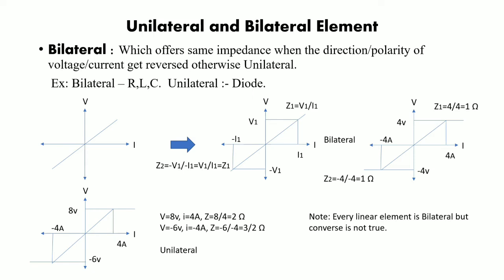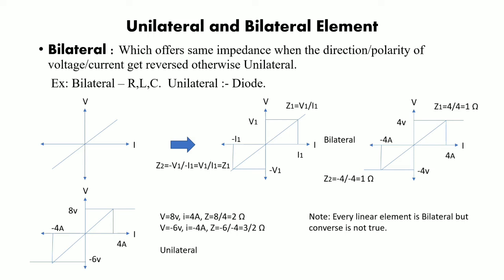Now come to the next graph, graph number 3. In first quadrant V is equal to 4 volt, I am getting current I equal to 4 ampere, means impedance Z equal to 4 by 4 equal to 1 ohm in first quadrant.